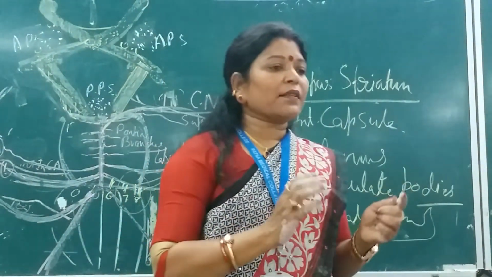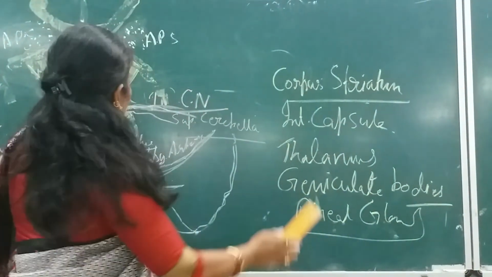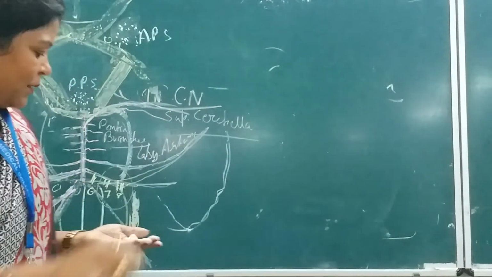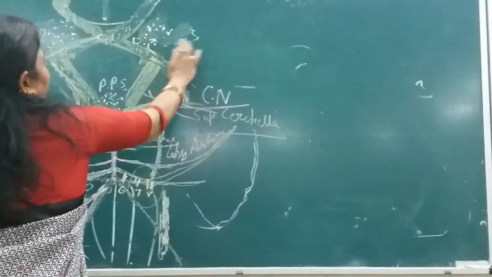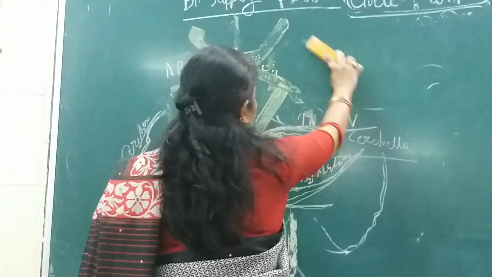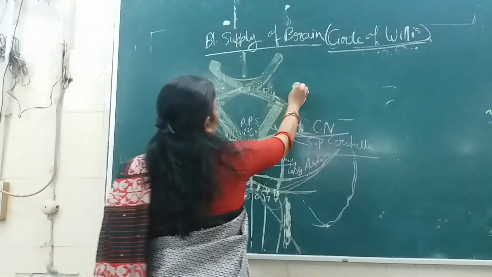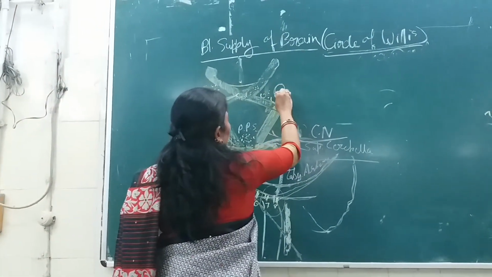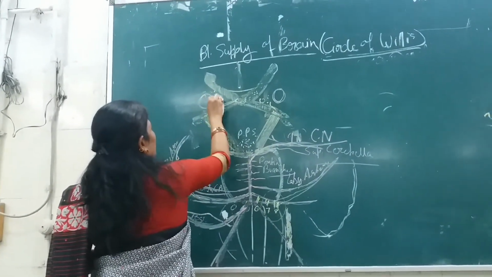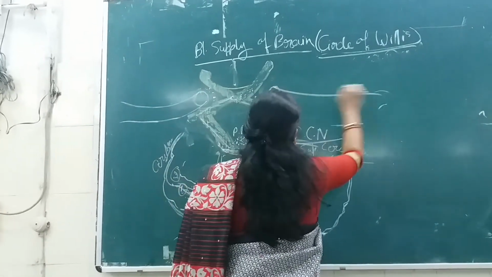So how will these deeper structures get their blood supply? Look here. Just concentrate on this diagram. Which artery is coming here? After piercing the dura mater at the medial side of the anterior clinoid process, the internal carotid artery lies over here on both sides.